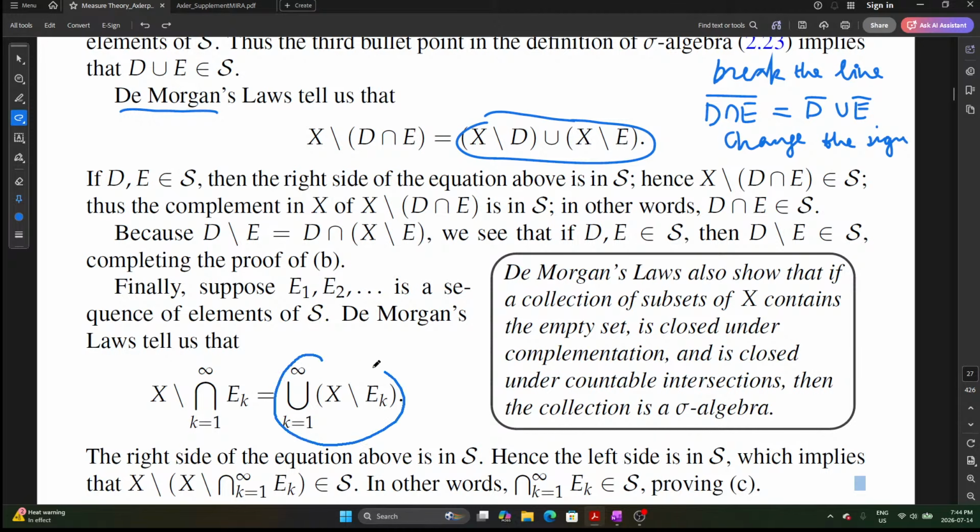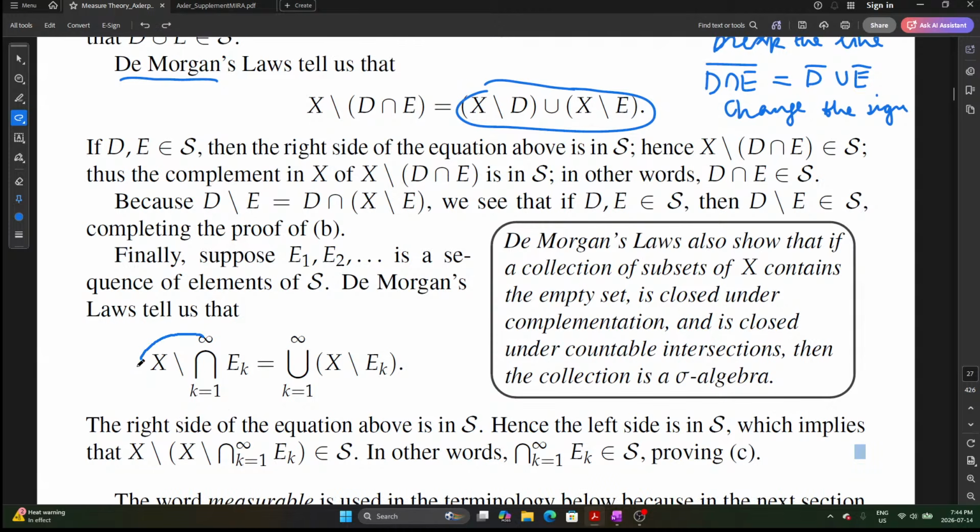The right-hand side is a countable union of sets in S, and therefore is a set in S. Therefore, the set on the left-hand side is a set in S. And then you take the complement of that, you simply get the countable intersection, the set that you actually care about, the intersection of EKs in S, proving C. Okay, so the key is really just De Morgan's law.